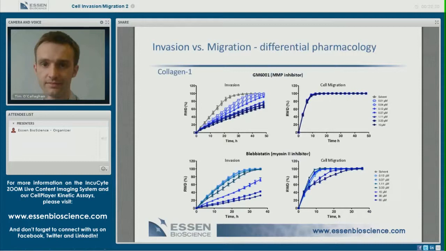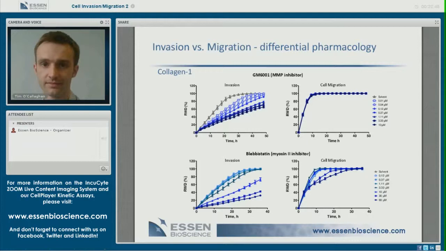Pharmacological differences are also seen between the invasion and migration assays. In this HT1080 invasion assay through collagen 1 matrix, we have tested a broad spectrum matrix metalloprotease inhibitor, GM6001, and shown that it exerts preferential inhibition of invasion through collagen and no effect on migration of the cells over a collagen 1 matrix.